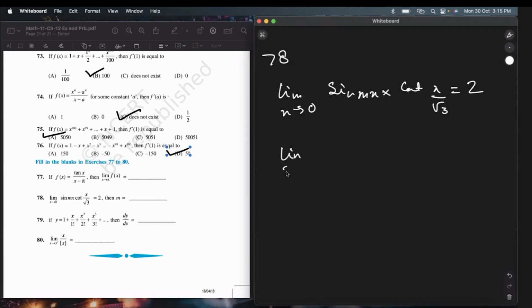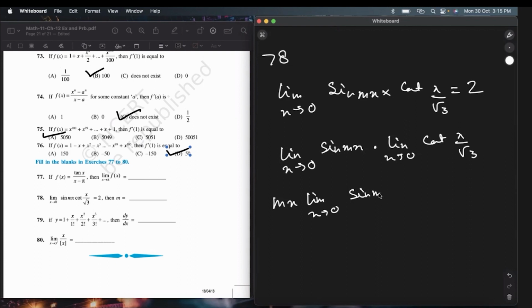So separating the limit term, there's sin mx over here, and it is multiplied with the limit as x tends to 0 of cot x upon under root 3. Alright, if I multiply and divide by mx over here, as x tends to 0, so sin mx upon mx.